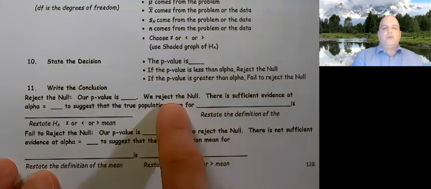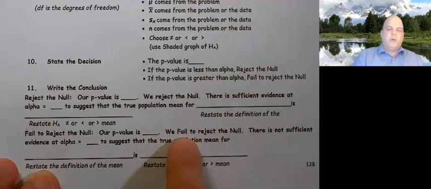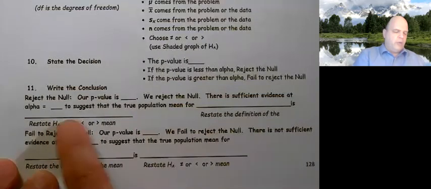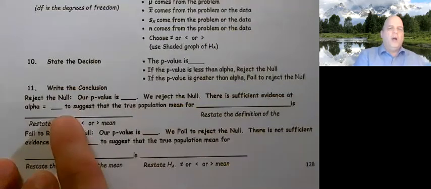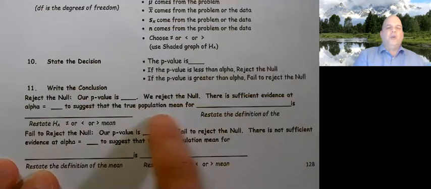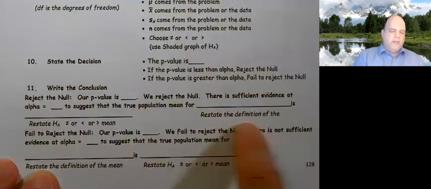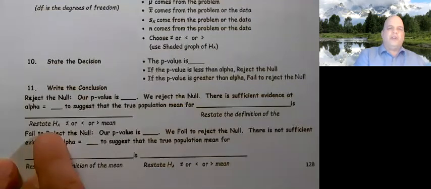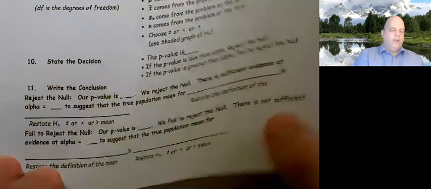Our decision was to reject the null. If it had been fail to reject, we'd go to the one below it. There is sufficient evidence at alpha equals whatever the alpha level was to suggest the true population, restate the definition of the parameter, and then restate the alternative. And our alternative was less than 1.45. You're restating it in words, okay?